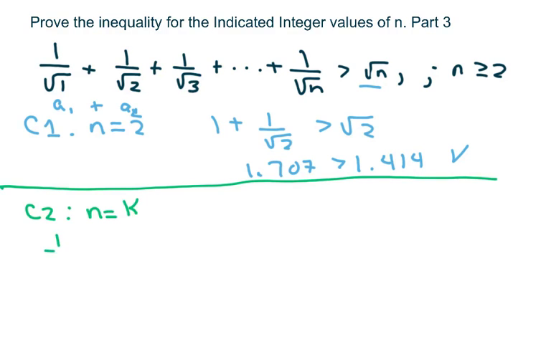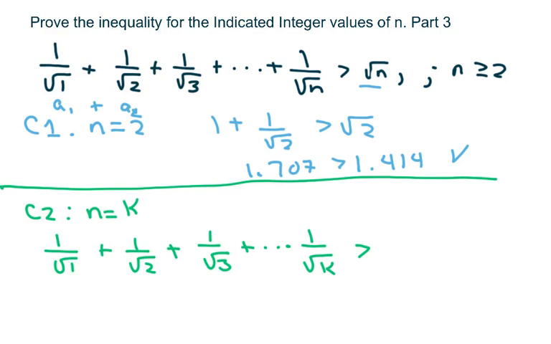So we have 1 over square root of 1 plus 1 over square root of 2 plus 1 over square root of 3 plus dot dot dot 1 over square root of k is greater than the square root of k, and we're just going to say k is greater than 2. Then on the next slide I'm going to show n equals k plus 1.